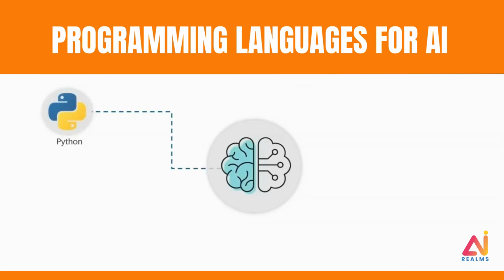It's considered to be one of the easiest languages to learn, and many AI and machine learning algorithms can be easily implemented in Python because there are a lot of libraries with predefined functions for these algorithms. So all you have to do is call that function. You don't actually have to code your algorithm. So Python is considered the best choice for artificial intelligence.